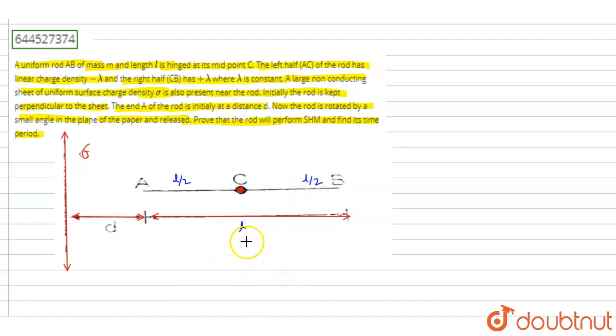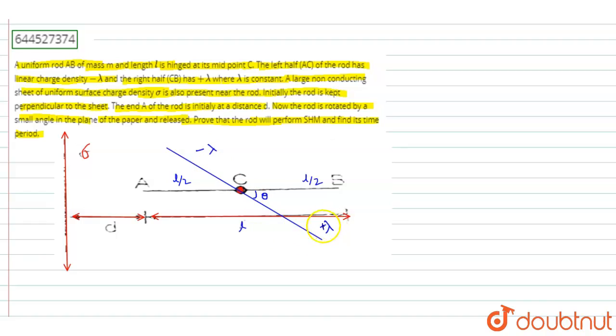Now let us consider it rotated by a small angle theta. The left half has charge density minus lambda, and the right half has charge density plus lambda.